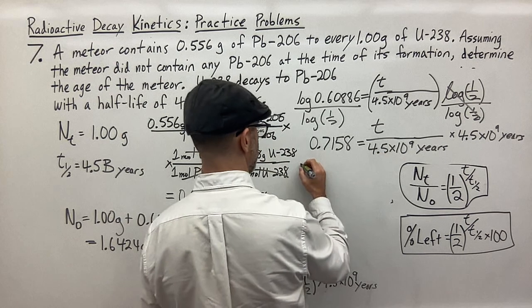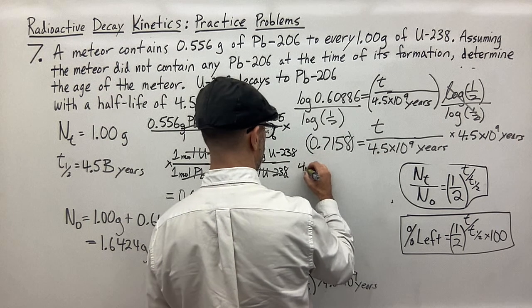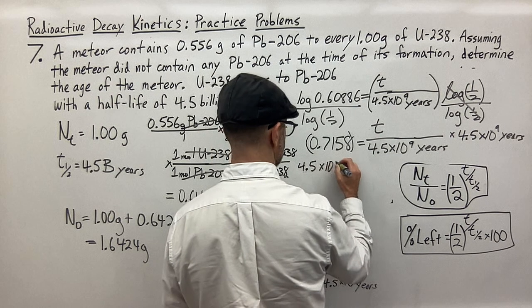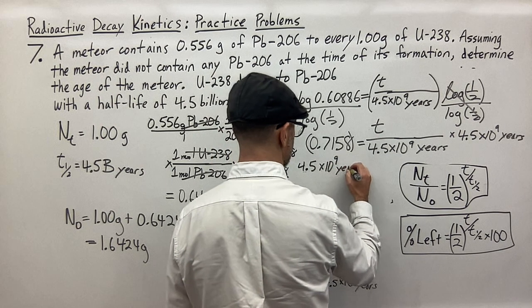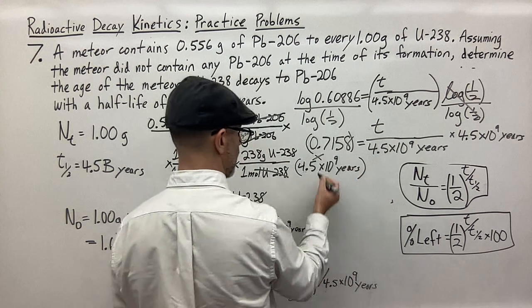So I'm going to multiply this times 4.5 times 10 to the 9 years. So this times this.